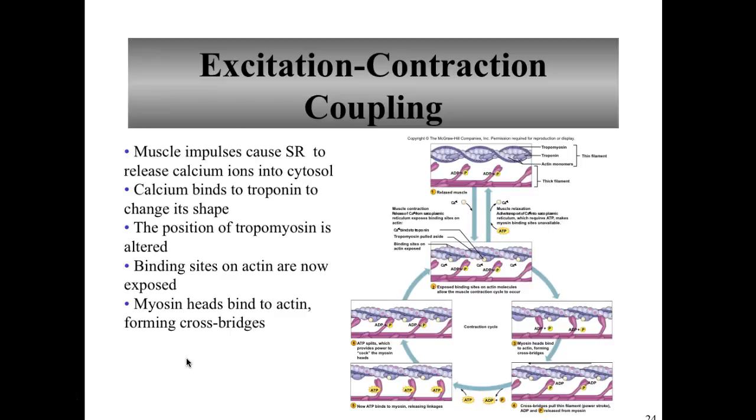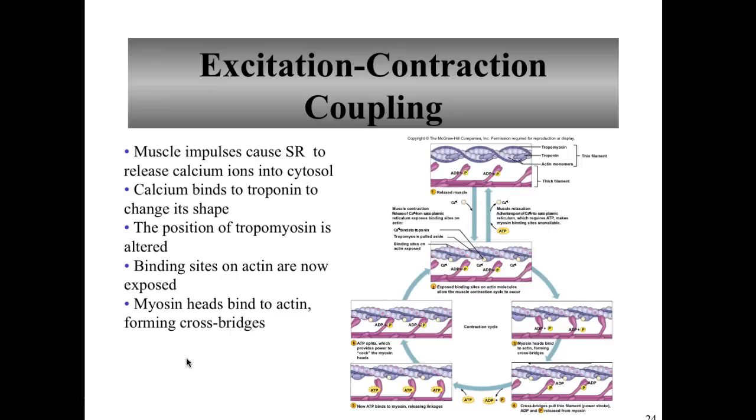Now we set up the excitation-contraction coupling mechanism. So here's where we're going to see the interplay of the actin and myosin fibers. There's excitation-contraction coupling, and then there's another form called the sliding filament model for muscle contraction.